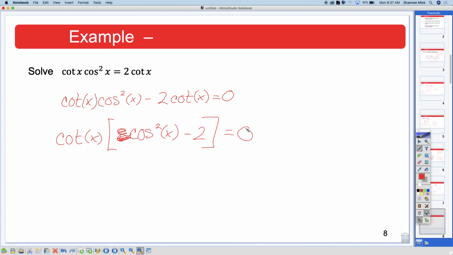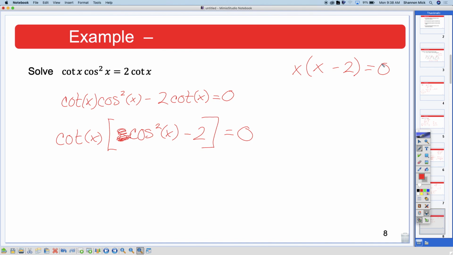So now I have 2 things, right? I have cotangent here on the left and cosine on the right. The 2 functions have nothing to do with each other anymore. What would happen if I had x and x minus 2 equals 0? You'd set them both equal to what?